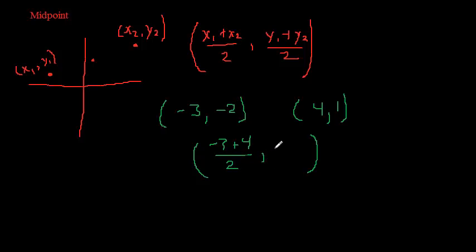Our y values, -2 plus 1, all over 2. So simplify that. -3 plus 4 is 1 over 2. -2 plus 1 is -1 over 2. And look at that. We have our midpoint between those 2 points, at 1/2, -1/2. So our x value and our y value. Again, just to reiterate, that is our independent variable x and our dependent variable y.